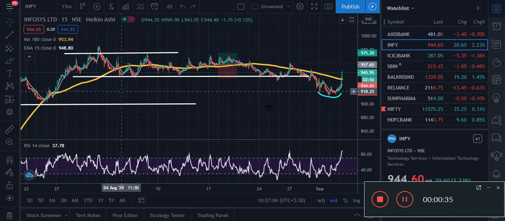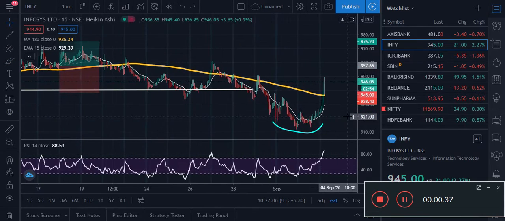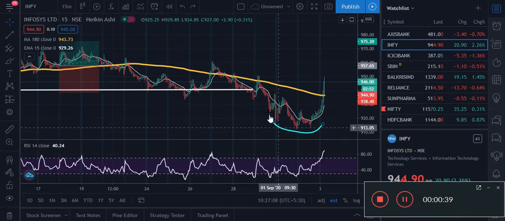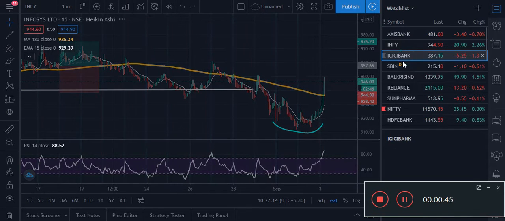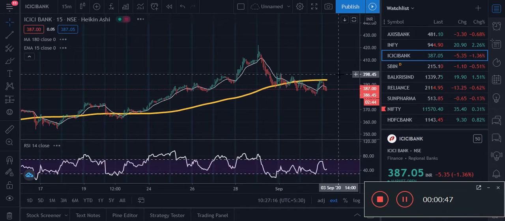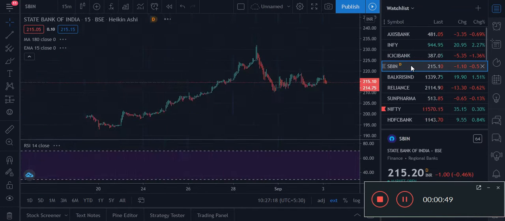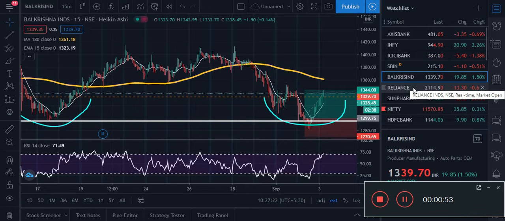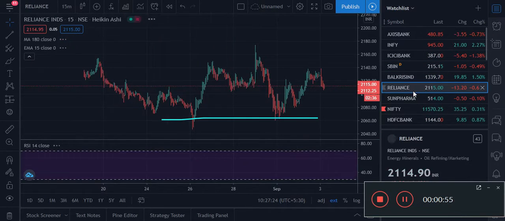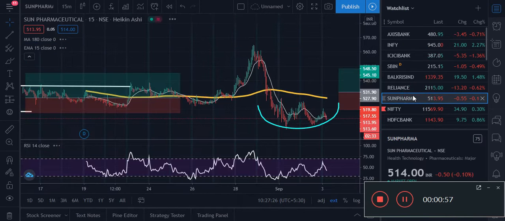So today, if we talk about September, there is a cup and handle formed. Let me first show you and then I'll explain in detail how this pattern actually works. There was one in Balakrishna, then there was one in Sun Pharma.